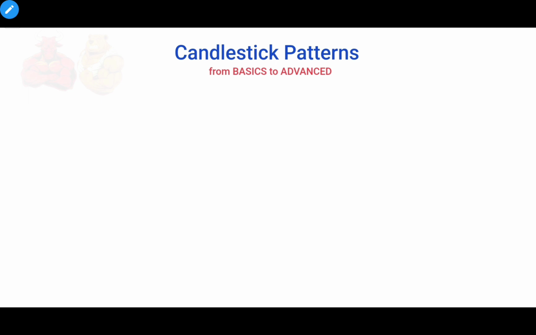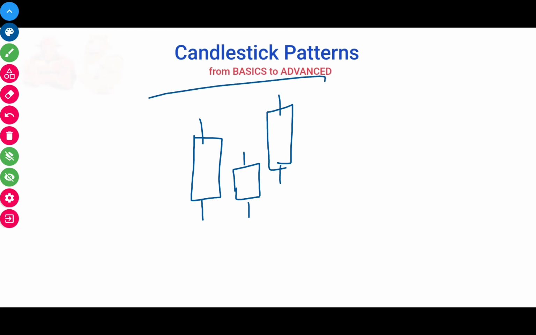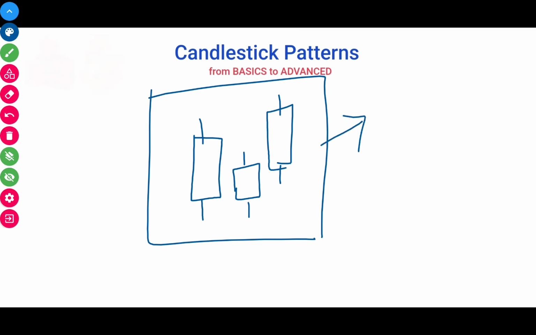Okay, let me give you an example to understand a candlestick pattern. So this is a candle and this is also a small candle and this is another candle. So these three candles combine to form a pattern.